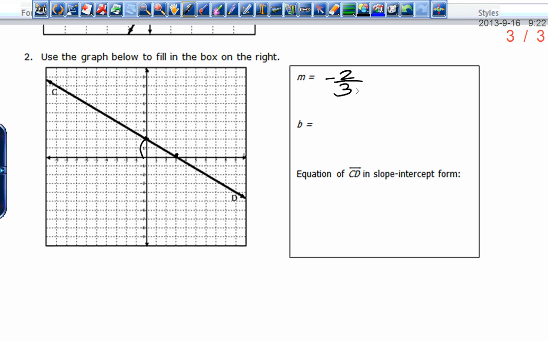My y-intercept, where it crosses the y-axis, yes, it is 2. So my equation always starts with y equals -2 over 3x plus 2. Cool?